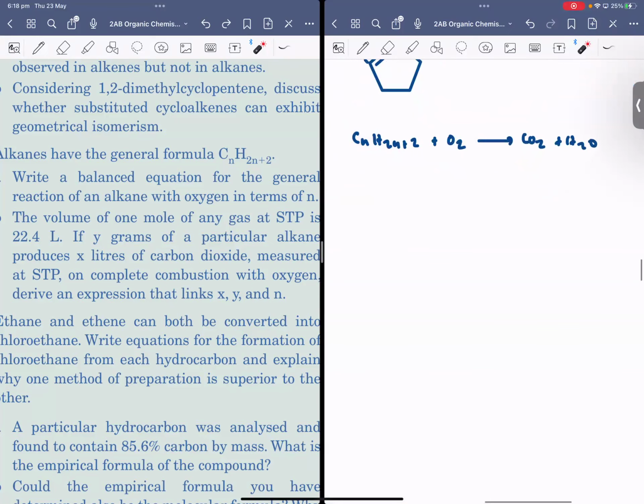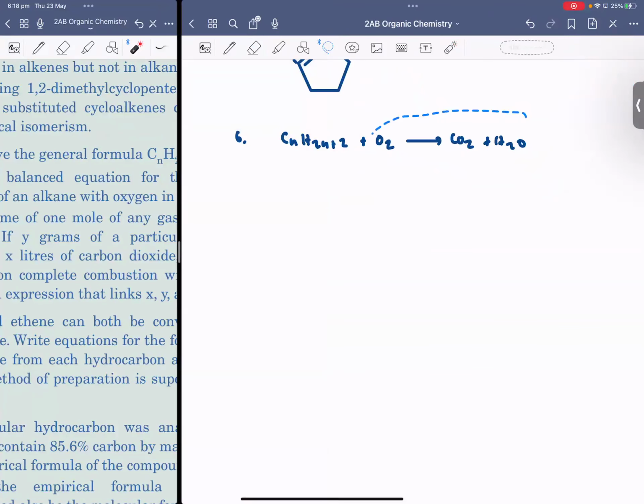So now I just need to balance this. How do I balance it? n here. n there. So then that's n. That's n plus another. Why do they have to write n's?